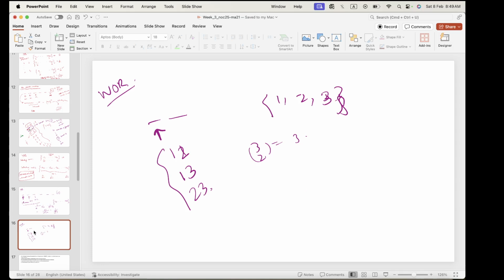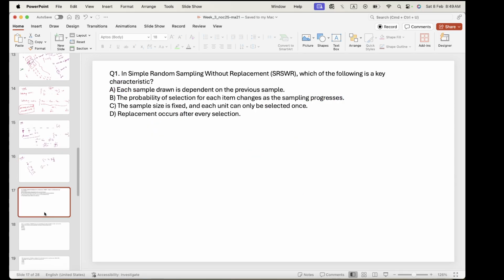Okay, so let me just move on. That will help understand and solve problems better. So, in simple random sampling without replacement, the following is a key characteristic. Each sample drawn is dependent on the previous sample. With replacement it is not dependent.